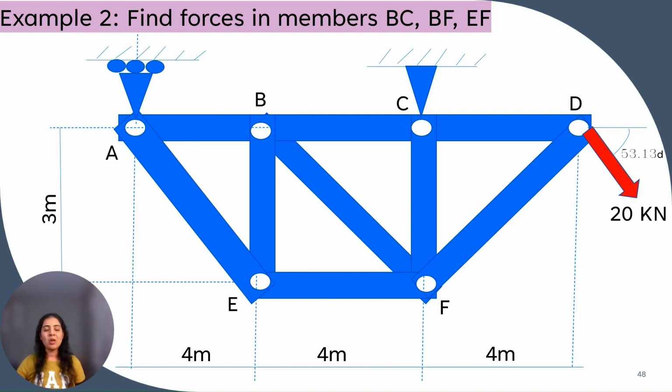Let's solve one problem based on the method of sections.